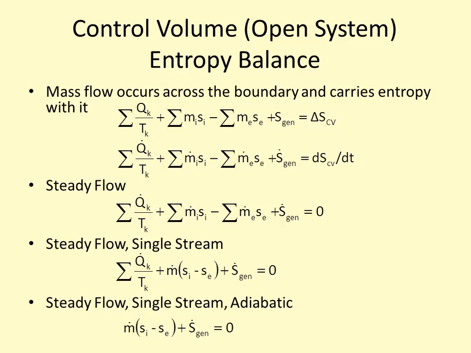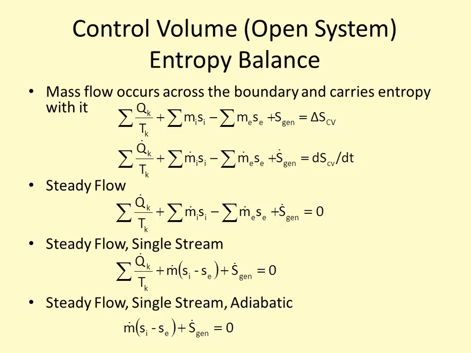And then if it's a steady flow single stream problem, this simplifies down even further, where we have just one single mass flow rate and then the difference between the entropy at the inlet and the exit. And if it's steady flow single stream and adiabatic, we don't need to be concerned about heat transfer. All we need to worry about is the mass flow and the entropy associated with each of those fluid streams as they come in and out of the system, and then the rate of entropy generation.